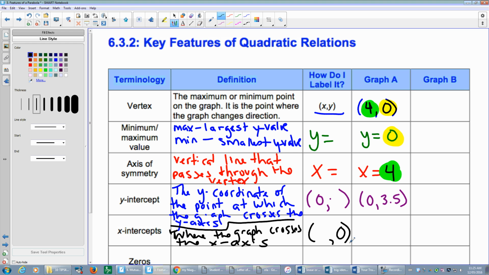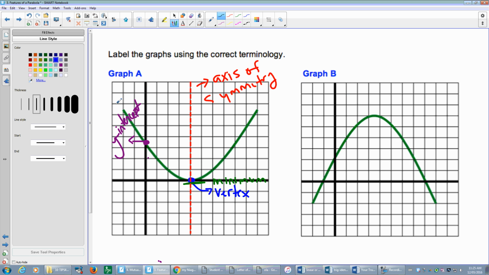Now, if I look at my graph, I'll give you a second to kind of copy this down. If I look at my graph, Ben, where is my x-intercept? Good.